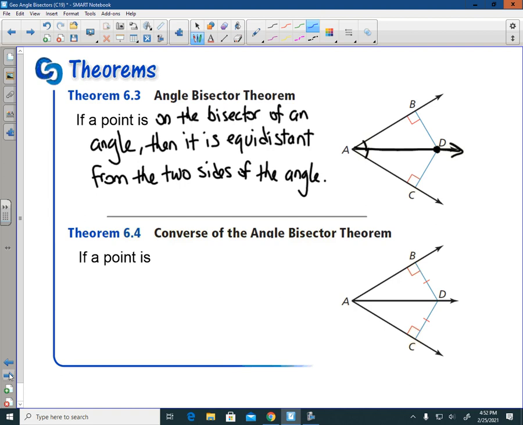So if we're taking a look at this point D, and we recognize that it's on a ray that creates two congruent angles, in other words, it's an angle bisector, then we know D is equidistant from the two sides of the angle. So that means this distance between D and C and this distance between D and B are exactly the same.